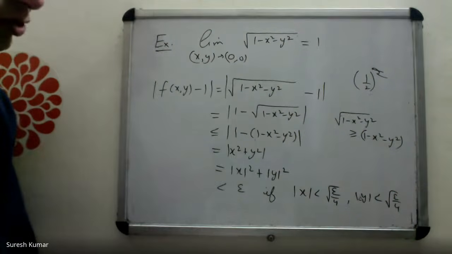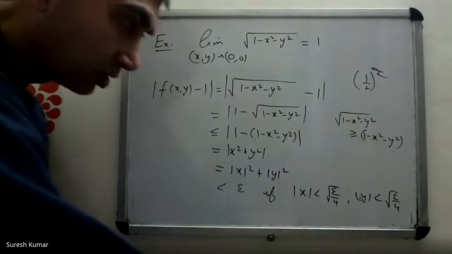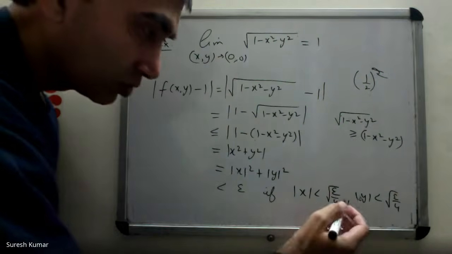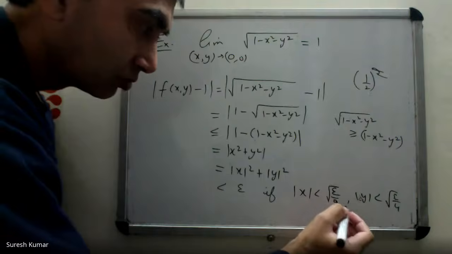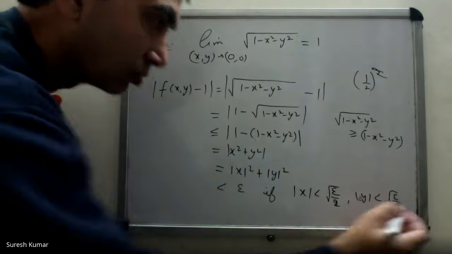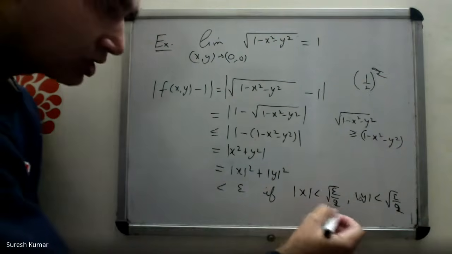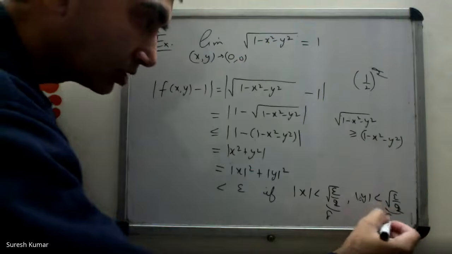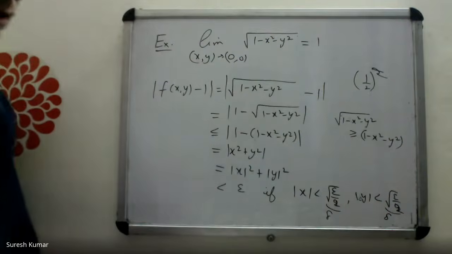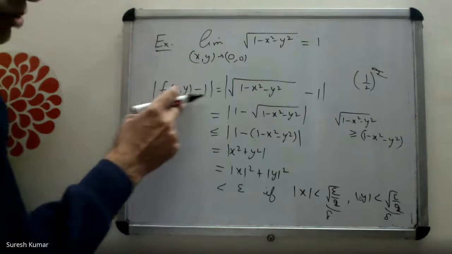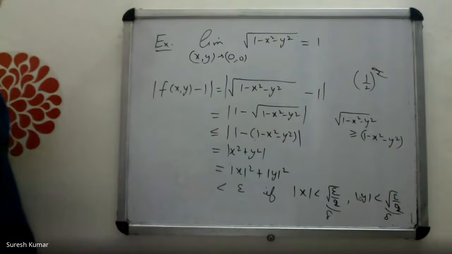Epsilon by 4 square. Okay, if I write outside, then it is 2. So I should write here 2. Square and add these two, you get epsilon, right? So choose this as delta and this also delta. So this is square neighborhood of 0, 0 for which mod f(x,y) minus 1 is less than epsilon.